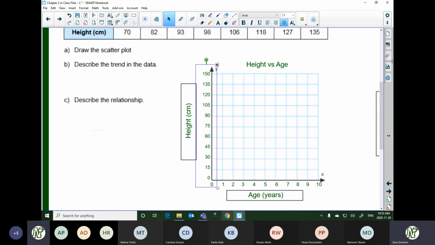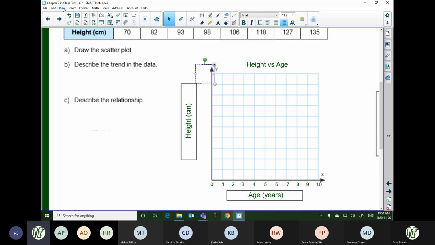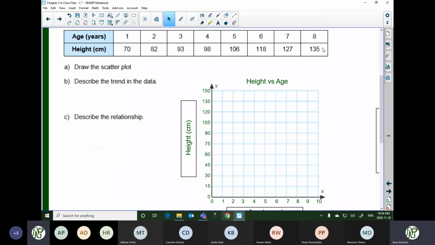Everybody's good? Okay, do me a favor, plot your points. Plot your points on your scatter plot.